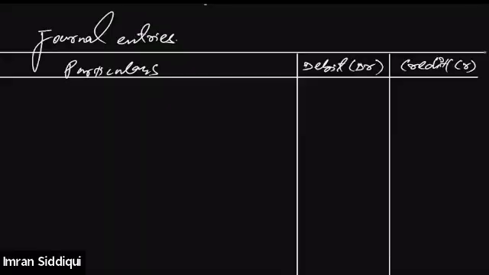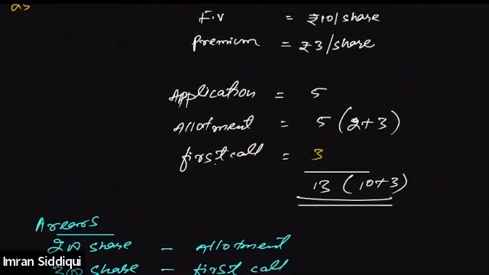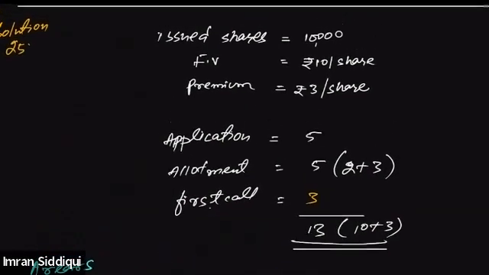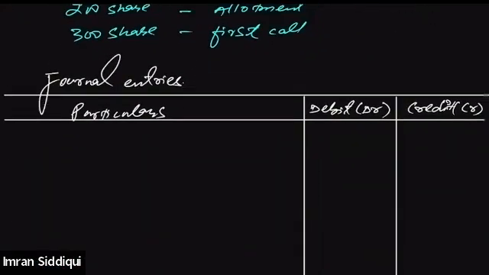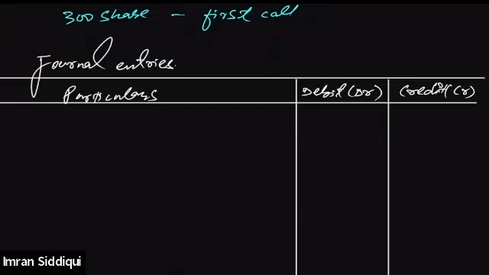Is that right? What amount will we be receiving on application? We have issued 10,000 shares, so we will be receiving 5 rupees per share on application. Can anybody recall the journal entry for the application? Bank account will be debited. Bank account debit to equity share application.